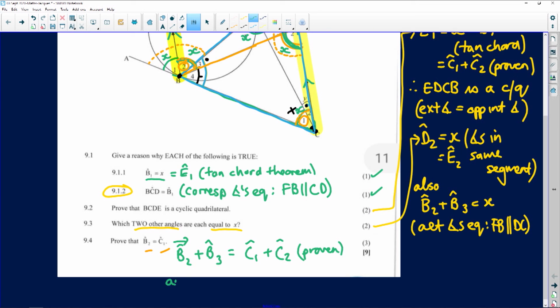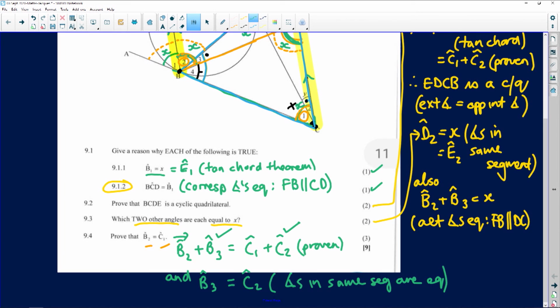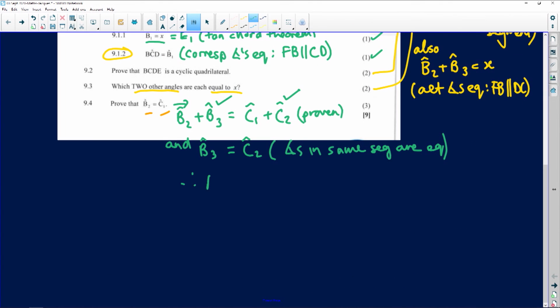And now, B3, the angle with a black dot there, is equal to C2, and the reason is angles in the same segment are equal. Okay, so if B3 is equal to C2, and collectively those are equal, we can then conclude that B2 is therefore equal to C1.